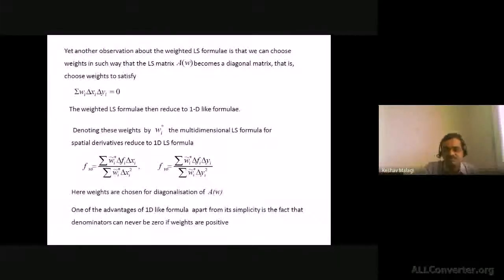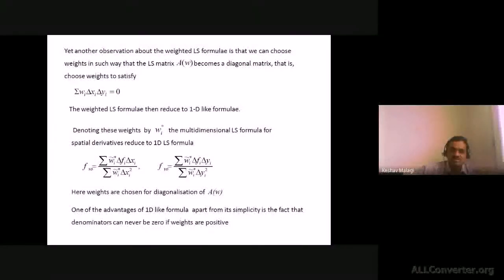So another aspect which I want to express here is that the weights which I told you have been introduced can also be chosen such that the second 2D formula becomes like 1D. I had explained to you that 1D has some nice formulae where the numerator does not become 0 at all.